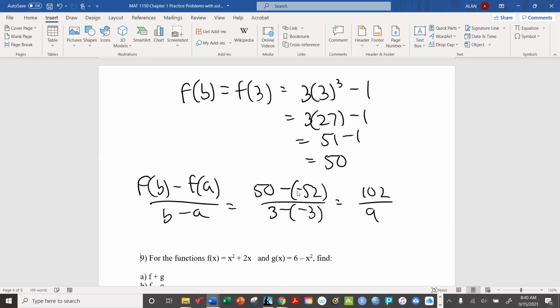That gives 102 over 6, which both of those are divisible by 3. Now, you don't always have to reduce everything to the smallest value. I mean, it's nice when you can do it. This is actually 34 thirds, but if you left it like this, 102 over 6, that's fine. But this is the smallest we can get.